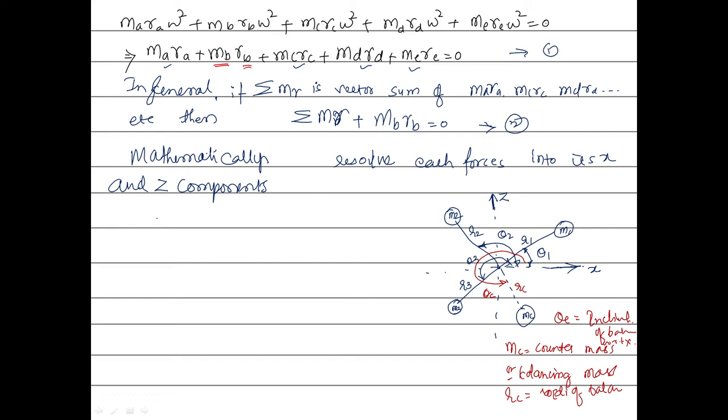If you resolve the forces in the horizontal direction, you get the summation of mr into cos theta plus mcrc into cos theta c. Similarly, in the vertical direction.